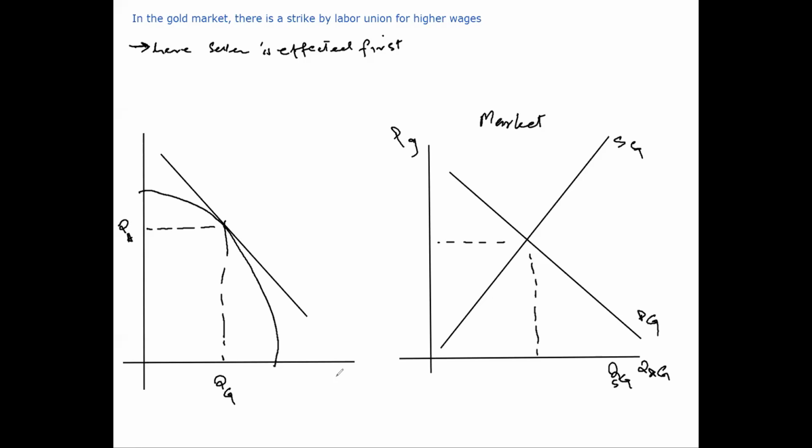So here it is gold, and here it is artificial gold. This is the equilibrium for the seller, and he knows the prices of gold, and he knows the prices of artificial gold, and he knows his ability.